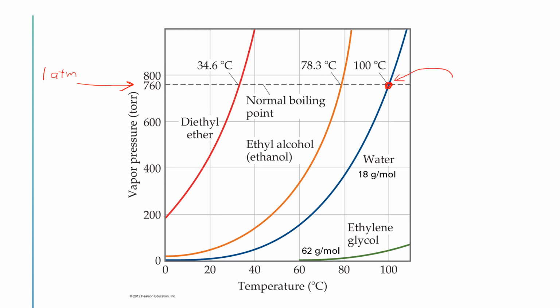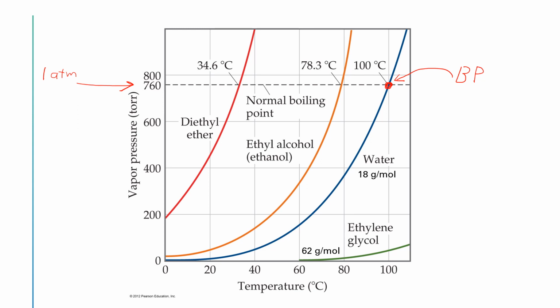Turns out that point coincides with a temperature of 100 degrees C. So what do we know about water at 100 degrees C? Well, at 100 degrees C, that's the boiling point of water. So the vapor pressure of water, when it equals 1 atmosphere, that gives us the boiling point of water.